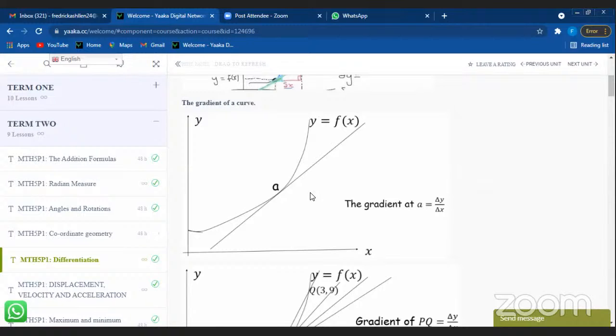So how do we find the gradient of a line? Change in y over change in x. Okay, so we get change in y over change in x. So by doing that, we'd be able to get the gradient of this line segment.